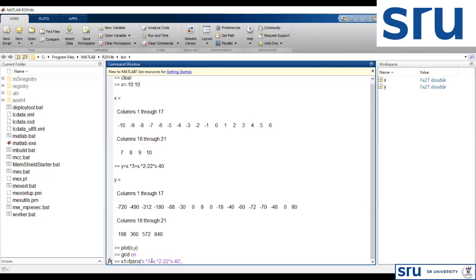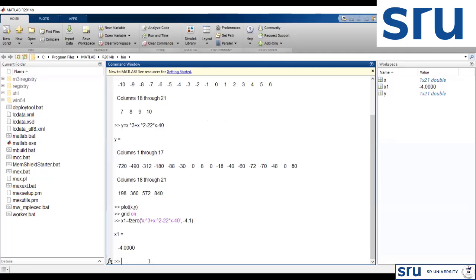I am taking minus 4.1 for the first one, though minus 4.2 or minus 4.5, any value you can take. So this will be the one root. Now you can get the exact root. You have seen in the graph that at exactly minus 4 the graph was cutting the axis. So this is one root.